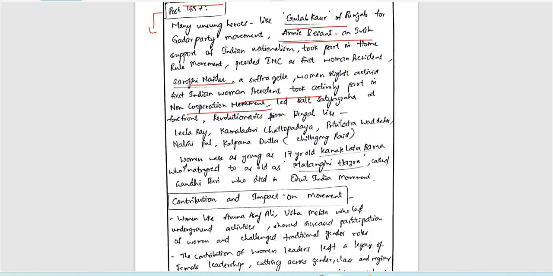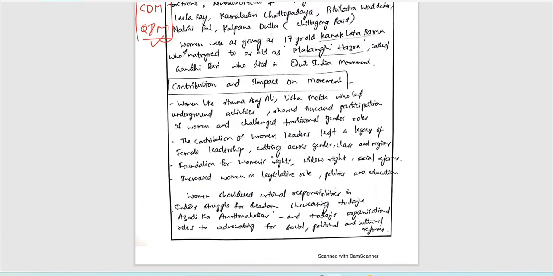So we need to include the non-cooperation movement, and also the Swadeshi movement, the civil disobedience movement, right? The Quit India movement. We need to include these types of keywords, and also prior to that the 1857 revolt, right? All these keywords should be there in the answer, right?